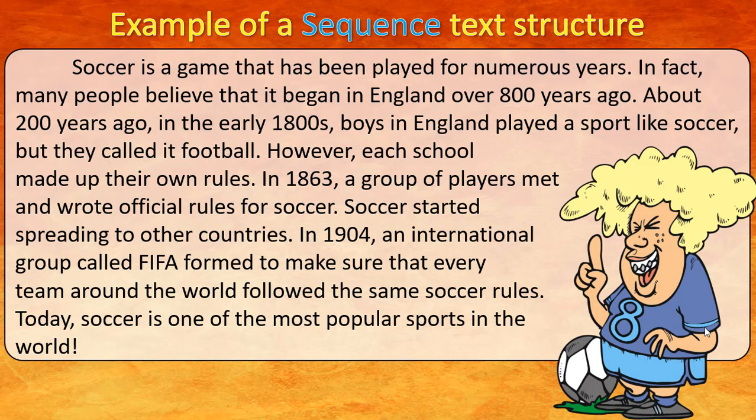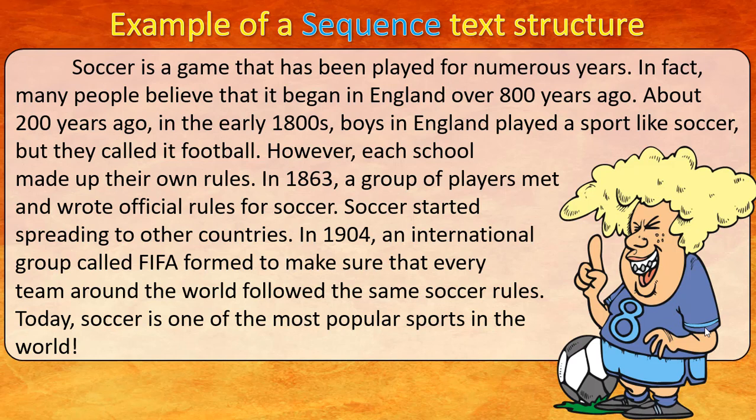Well, here's an example of a sequential text structure. Soccer is a game that has been played for numerous years. In fact, many people believe that it began in England over 800 years ago. About 200 years ago, in the early 1800s, boys in England played a sport like soccer, but they called it football. However, each school made up their own rules.